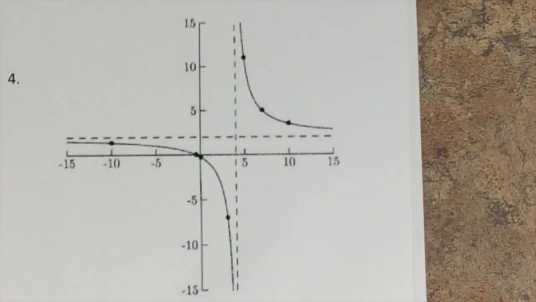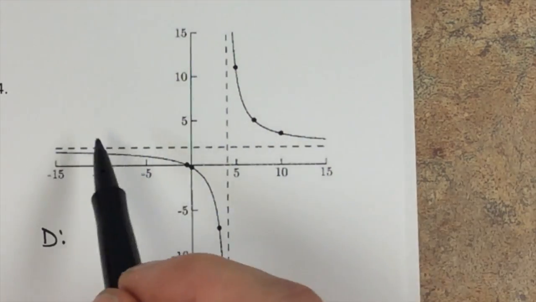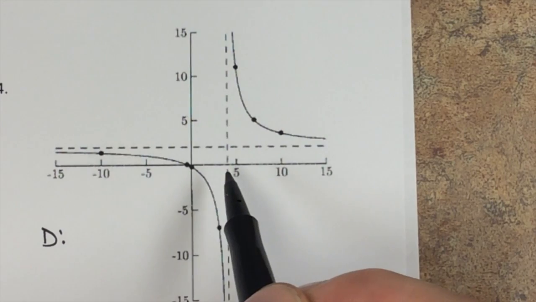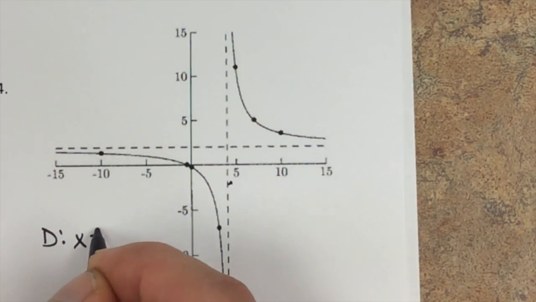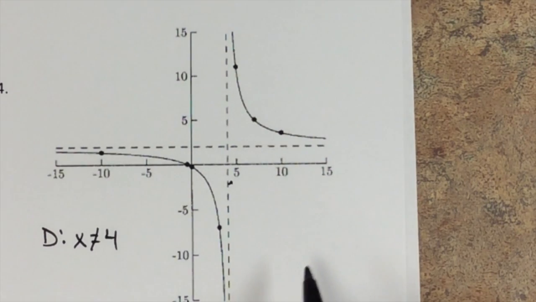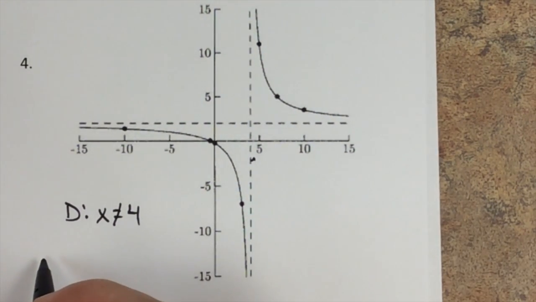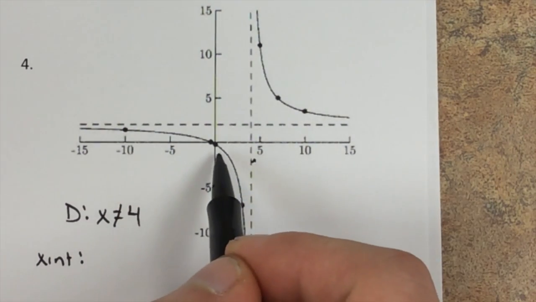If we try one more, our domain, where can't x be? Where is our vertical asymptote? It looks like it's at -4, so x cannot, or sorry, +4, so x can't be 4. Next up, x-intercepts. Well, where does it cross?